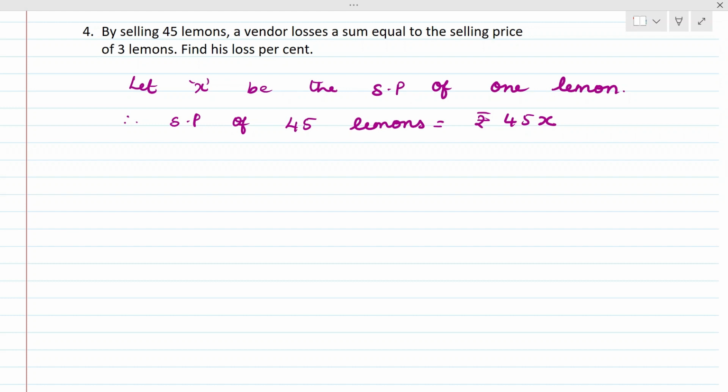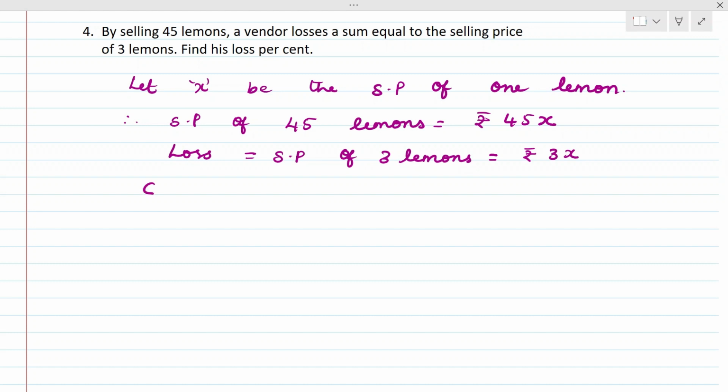Now what is the other thing given? Loss. What is the loss? The SP of 3 lemons is the loss. The SP of 3 lemons is 3x, since x is 1 lemon's selling price.